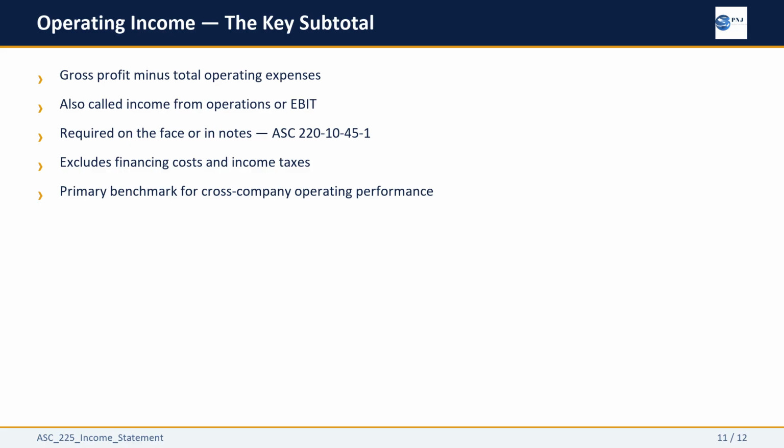Because it excludes financing costs and taxes, items that vary based on capital structure and tax jurisdiction rather than operations, operating income is the number analysts rely on most when comparing companies across industries. It answers a clean question: how well does this business run its core operations?